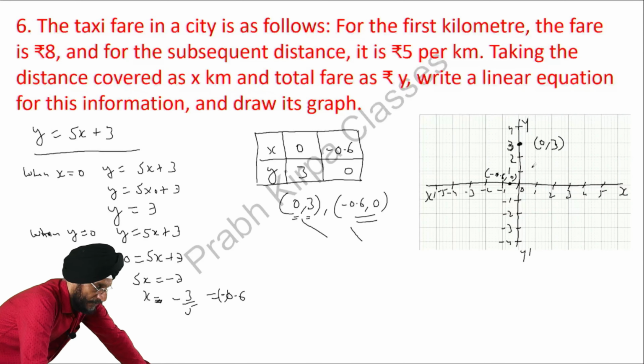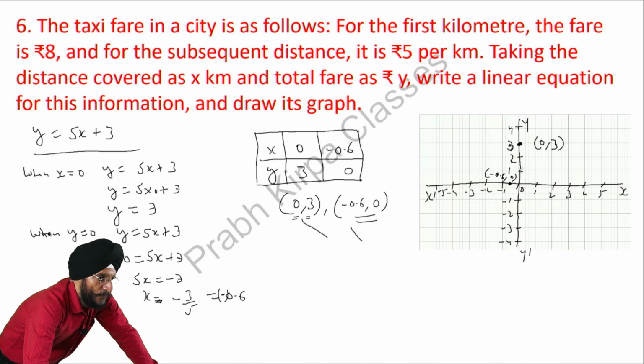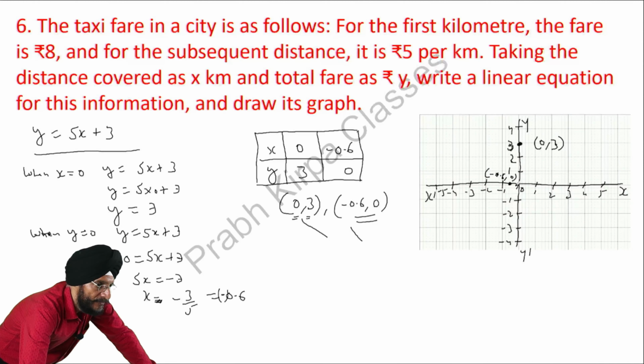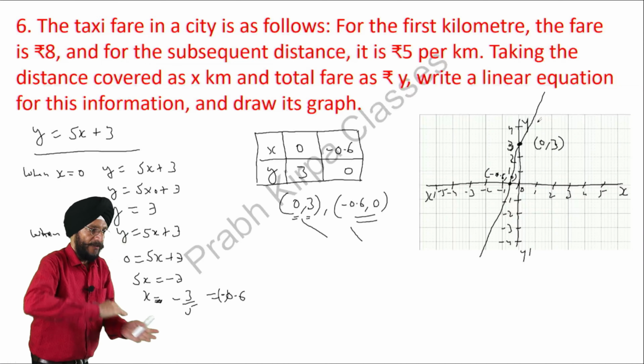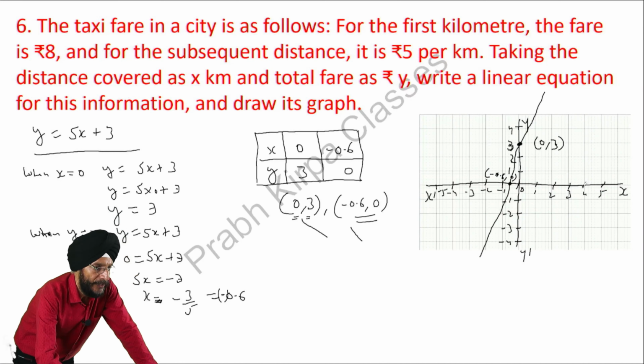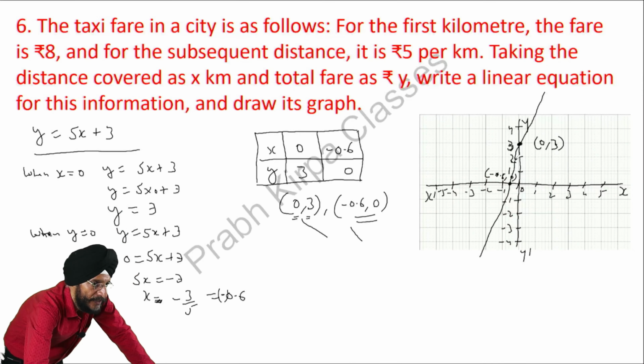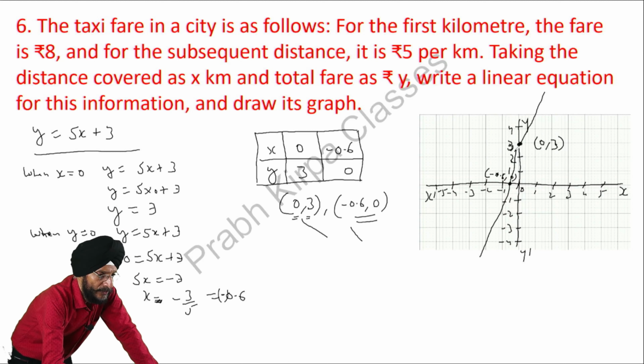So we will now join both these 2 points. You can draw this straight line because I am unable to join them in the correct manner. You have to join these 2 points and draw a straight line.